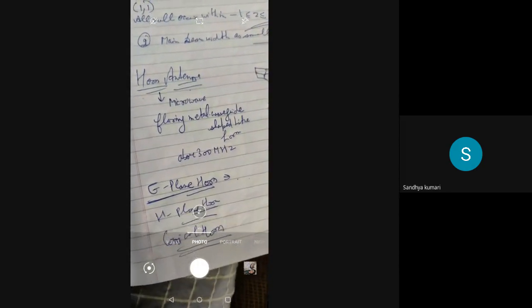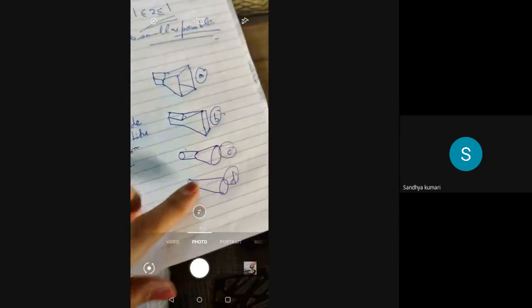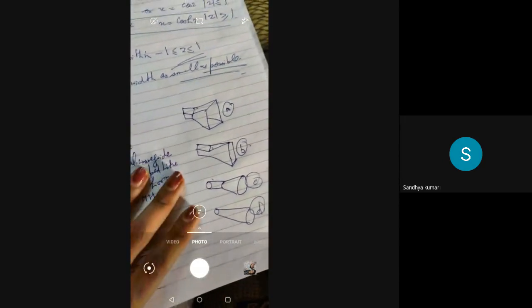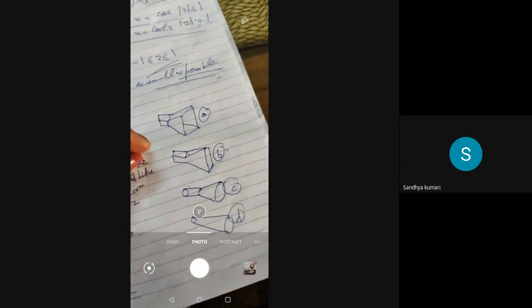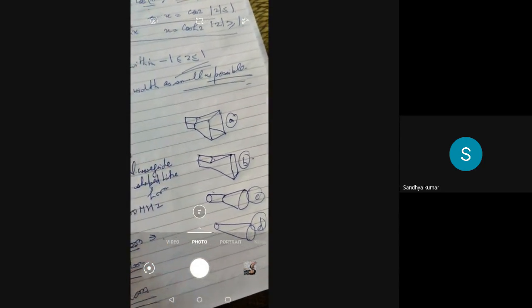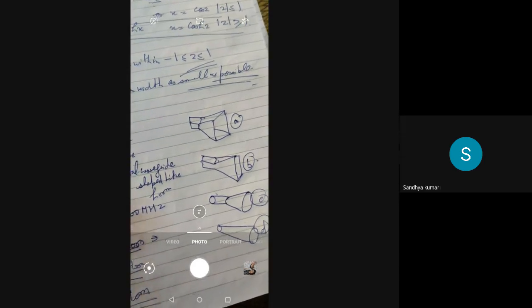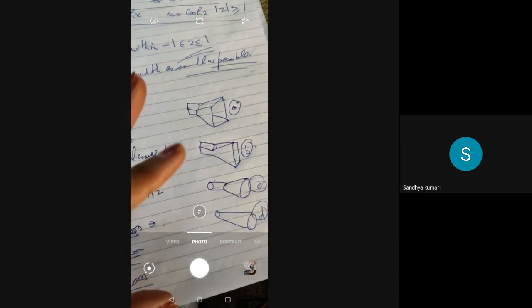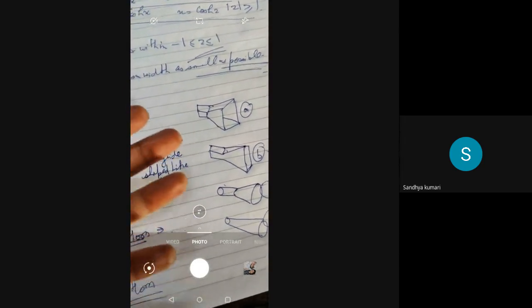These are some of the basic advantages of horn antennas, and these are the various types. All these types depend upon their flare angles. If the shape of the horn antenna is in the form of a four-sided pyramid, it is considered a pyramidal horn.